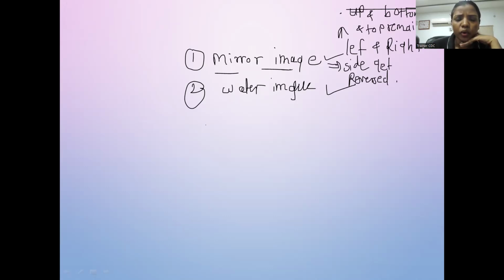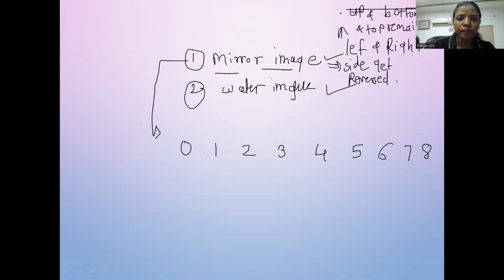Now what we will do, we will take some examples in mirror image, not question examples, but I want to show you how letters or numbers will get changed in mirror image. Okay, let's talk about numbers first. Let's take a few numbers: 0, 1, 2, 3, 4, 5, 6, 7, and 8.